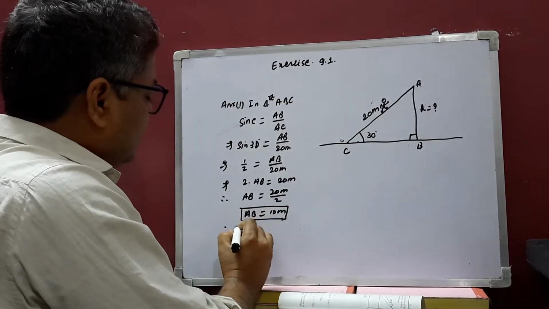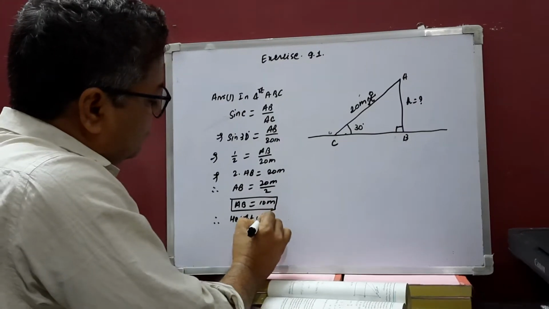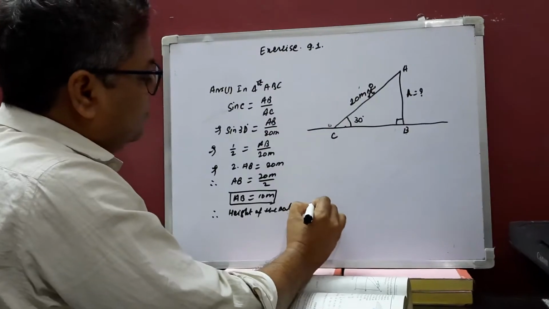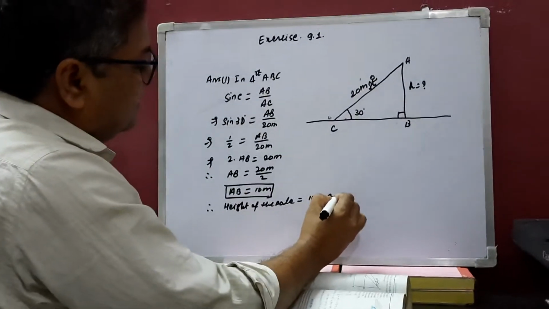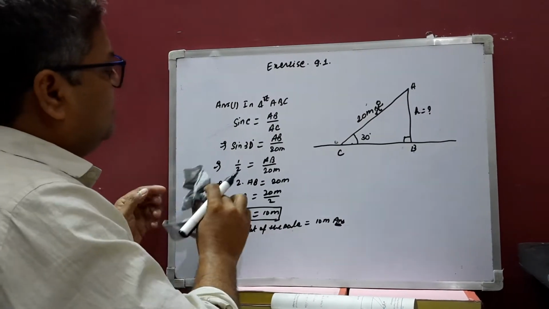Therefore you will write here, height of the pole is equal to 10 meter. Now question number 1 has been done.